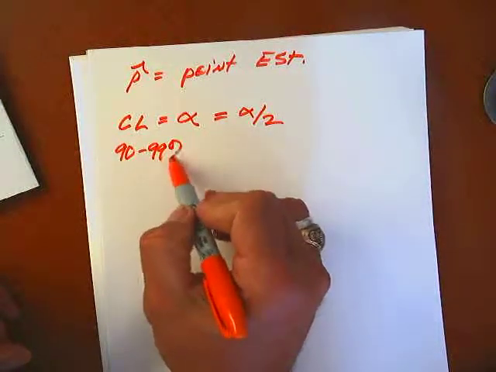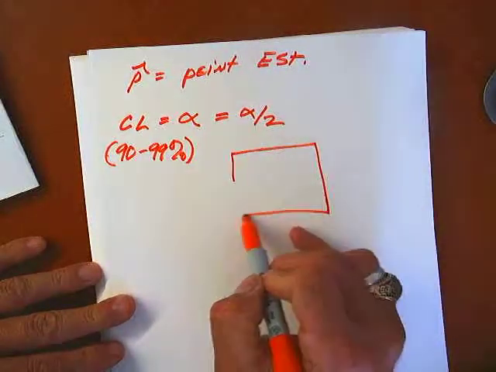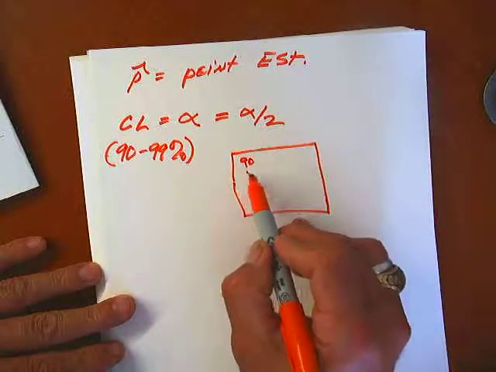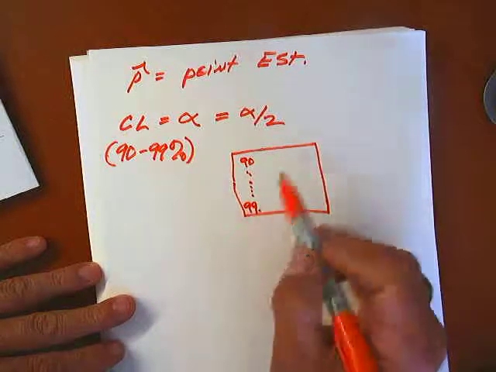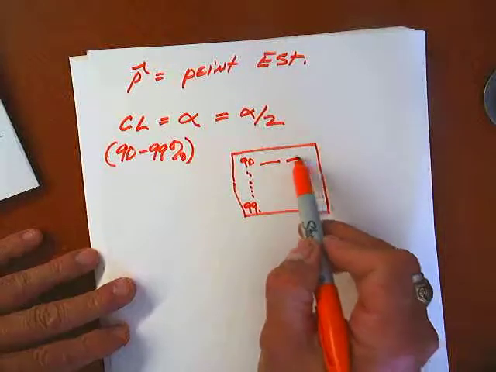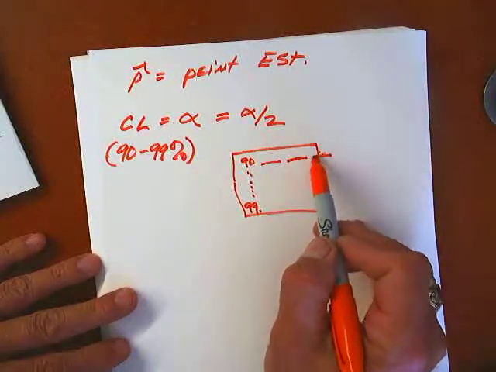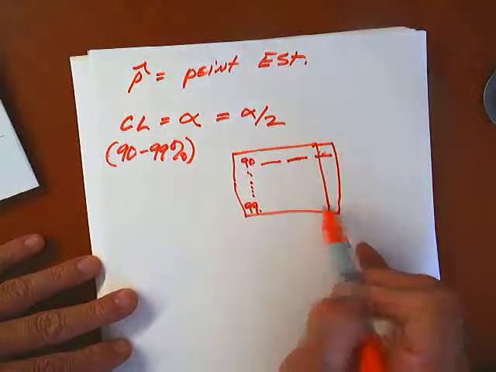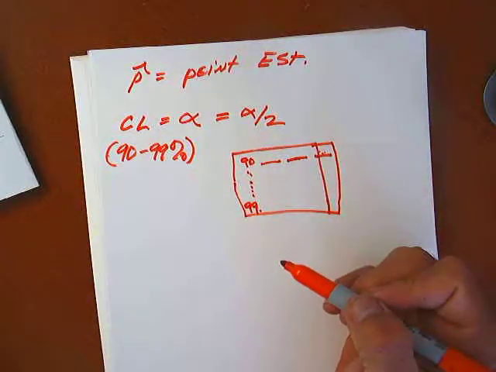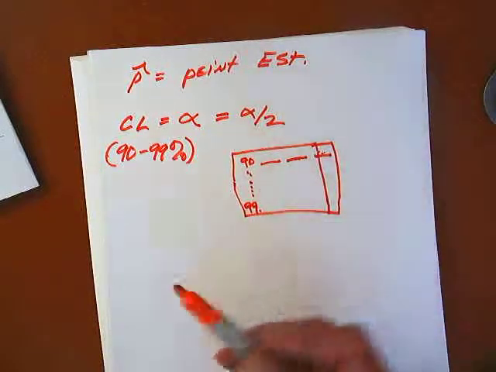So, just to review, you have to have p hat, which is your point estimate. You also have to have your confidence level. Your confidence level is also going to give you alpha and alpha over 2. Your confidence level is usually going to be between 90 and 99%.